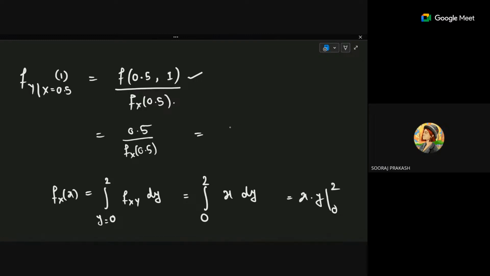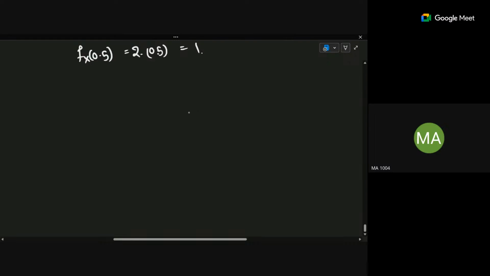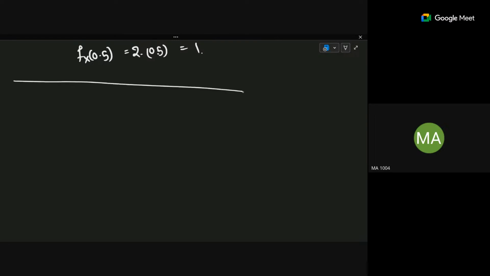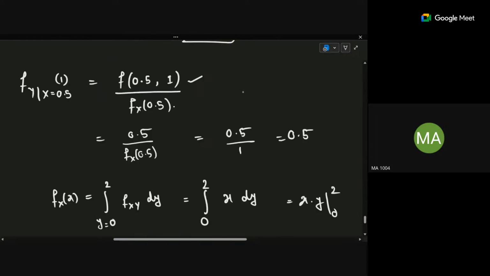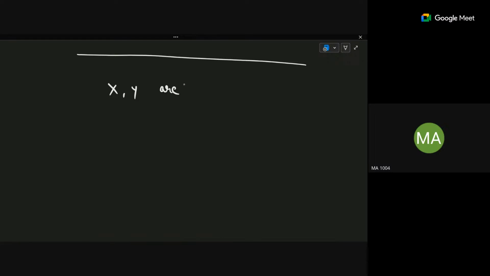Okay. So that was all about joint density, marginal density, conditional density. Now if you guys have any doubts, then you can tell me. So what we did here, we started with x and y as two continuous random variables, right?